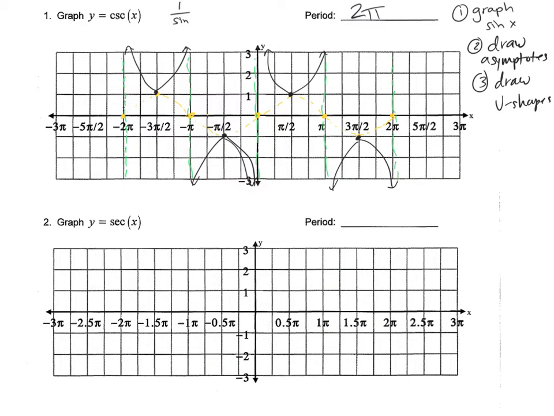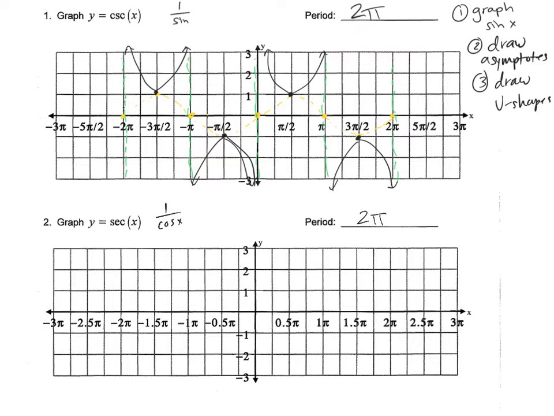We're going to follow a very similar process for graphing the secant of x, but that is now 1 over cosine of x. So we're going to be using the cosine function to draw our asymptotes and our U-shapes. Again, this is just the plain vanilla secant function. There's been no transformation, so our period is 2 pi.